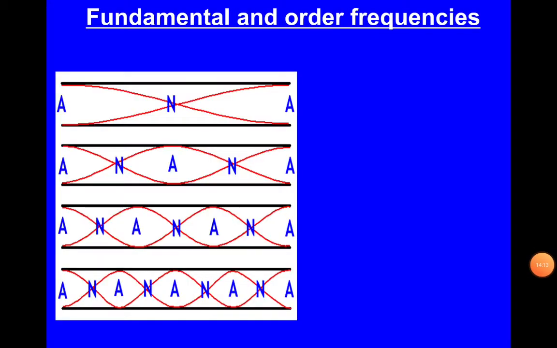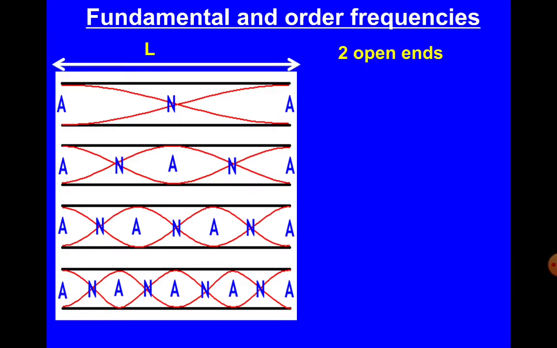Okay, on this slide we have an instrument with two open ends. Again, we can find the lambda compared with the L. In this case, L is half lambda. In the first one, the first harmonic, the second harmonic, L is 1 lambda.